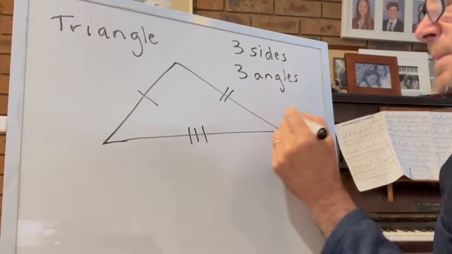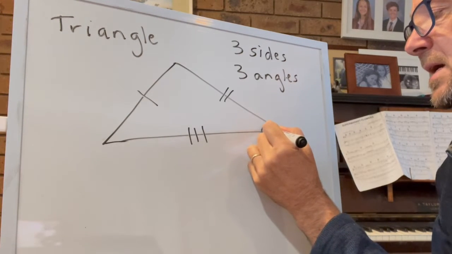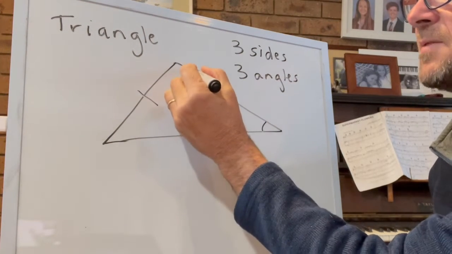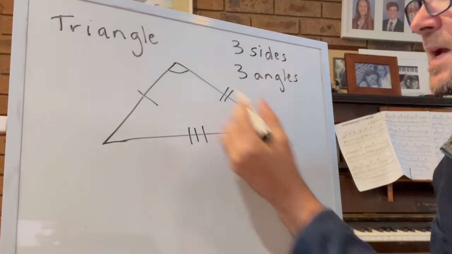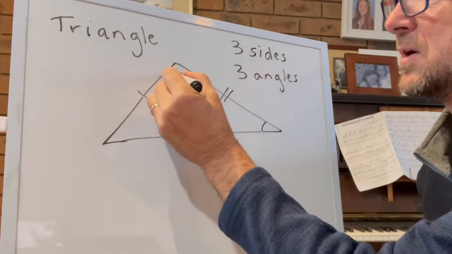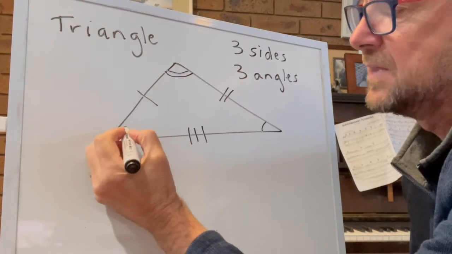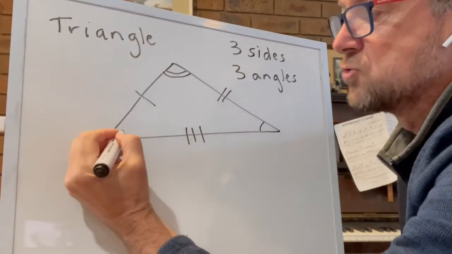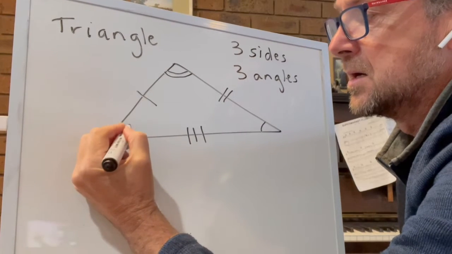The angles will be marked with an arcing type shape like this. And if they're the same angle, they'll be the same size. In this case, the three angles are all different. So this one gets a double arc, and this one again gets a triple arc, like that.